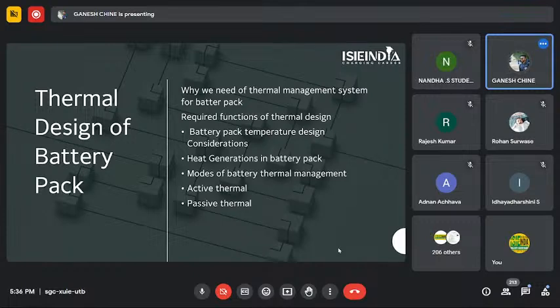And there are several regions in the battery pack that are responsible for the heat generation. Mainly the cells, suppose we consider the lithium ion cell. In the cell, during the electrochemical reactions, the internal temperature increases. In the bus bar, while designing it, temperature is the most important criterion.